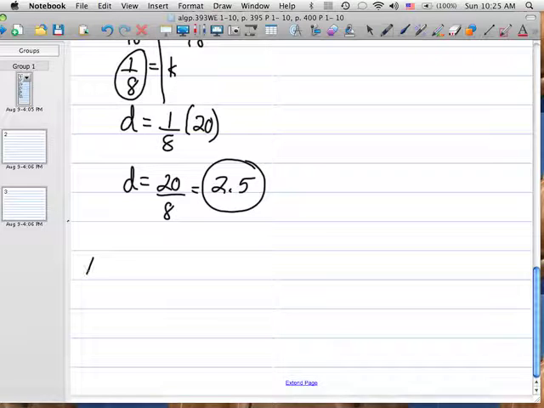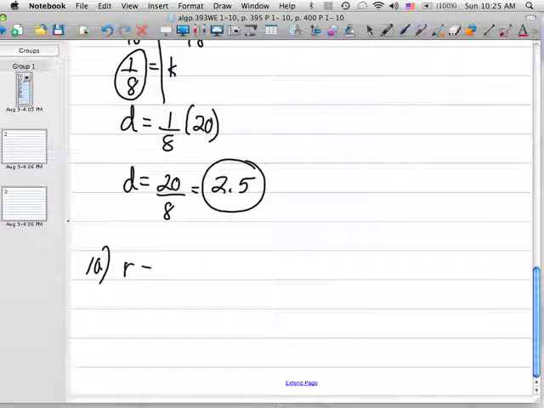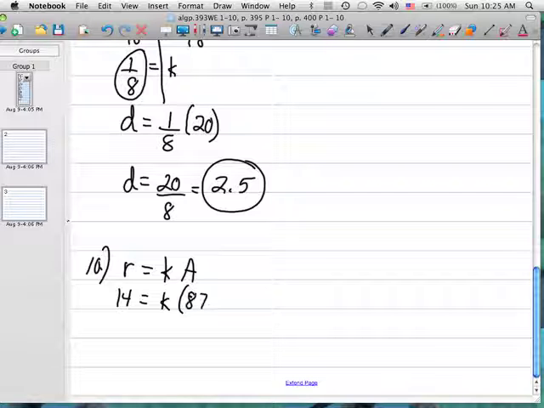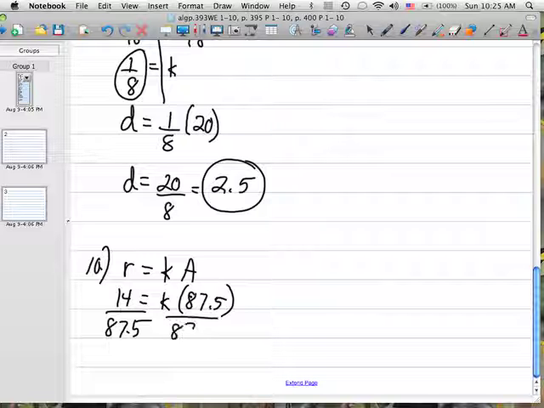And number 10, the last problem on this page, R is directly proportional to A. R is 14 and A is 87.5. So divide both sides by 87.5.